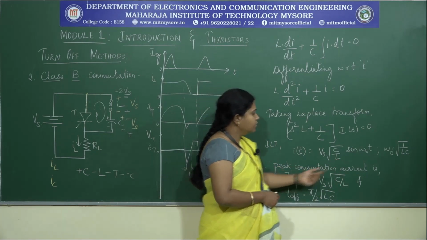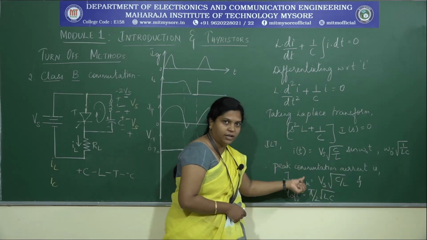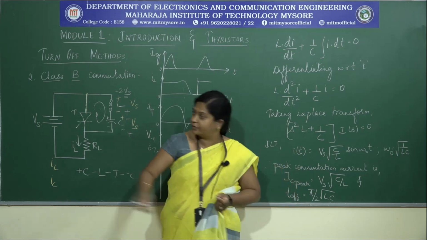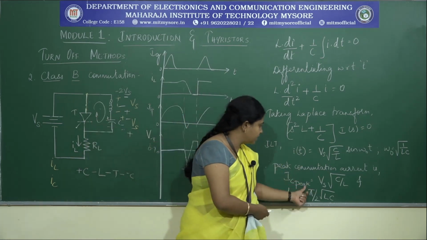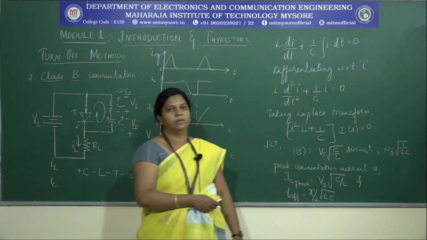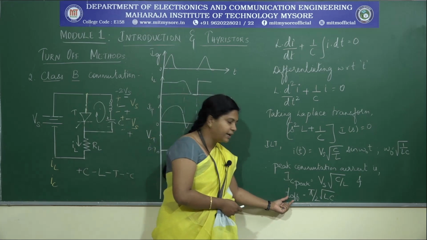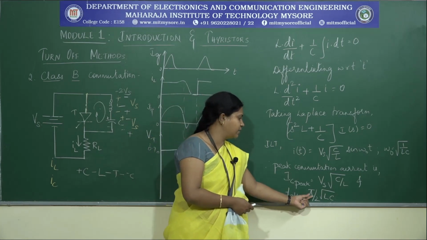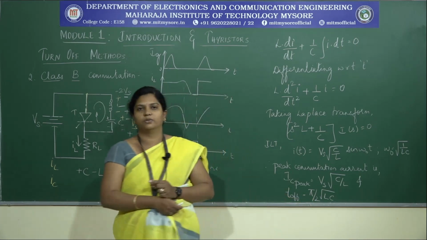So, how can you calculate the commutation current? The peak commutation current because of these commutating components is IC peak equal to Vs into square root of C by L. To determine the turn off time, T off is equal to pi by 2 into square root of LC.